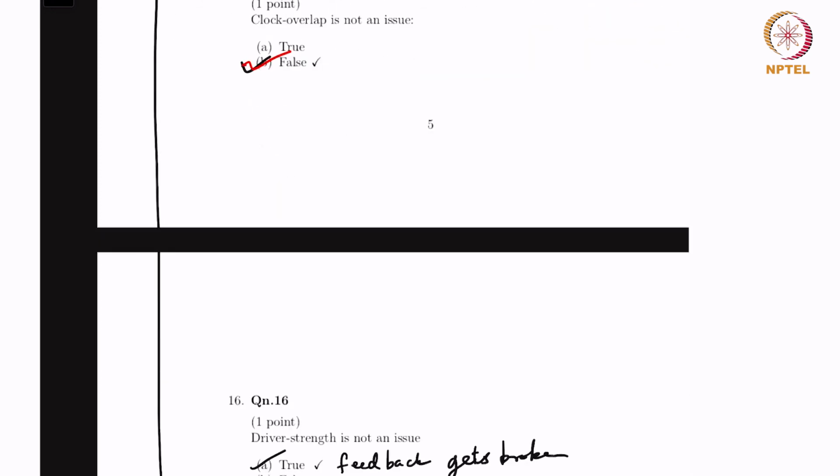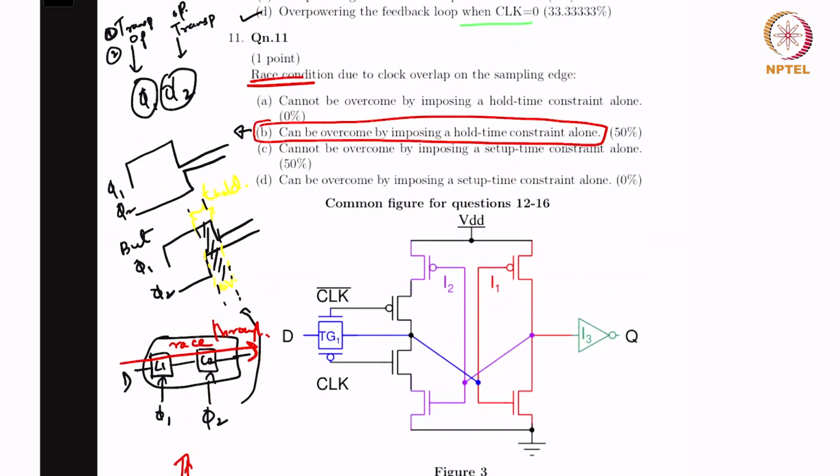Driver strength is not an issue. So this is true as feedback is broken. So you can look at this when clock is equal to 0. When this latch is transparent, the data just directly goes here and goes to your output. You don't need to overpower the feedback loop, as the feedback loop here is broken.